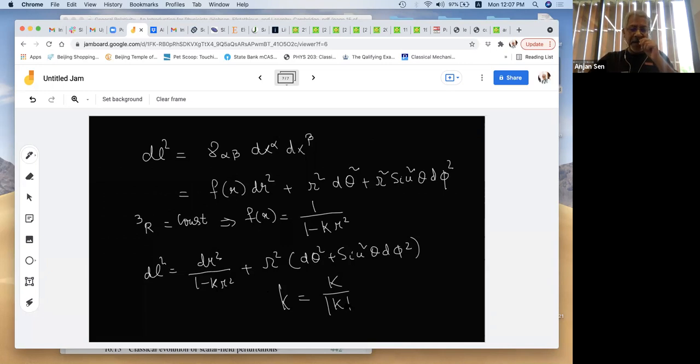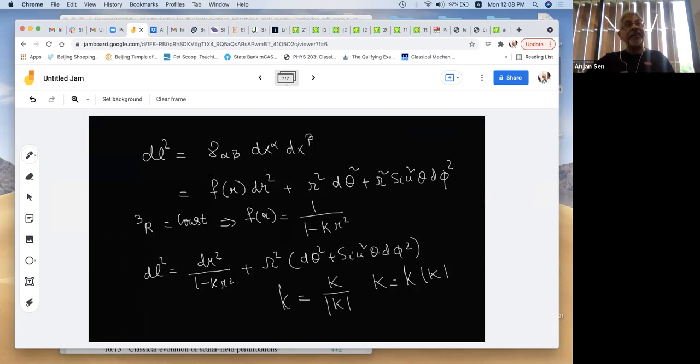Now, capital K is this small k times the magnitude of K. If I put that in, I have to redefine my r. The overall factor will come out, and that overall factor I can always absorb.